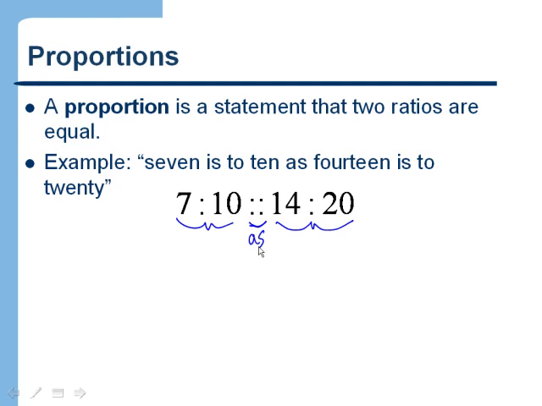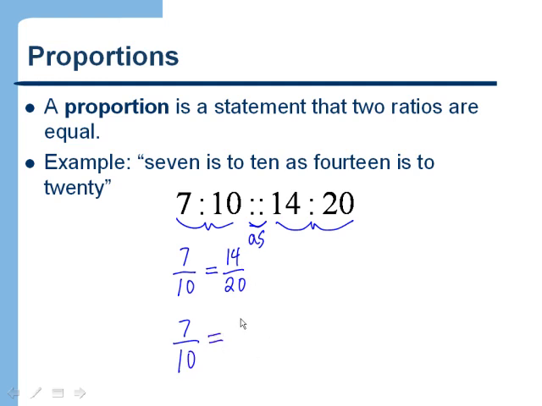So another way of writing this, a more mathematical way, 7 to 10 we know we can write as a fraction, 7 over 10, is the same as 14 over 20. In other words, another way to write that proportion is 7 over 10 is equal to 14 over 20. And we can see that this proportion is correct because on the left-hand side we have 7 over 10.